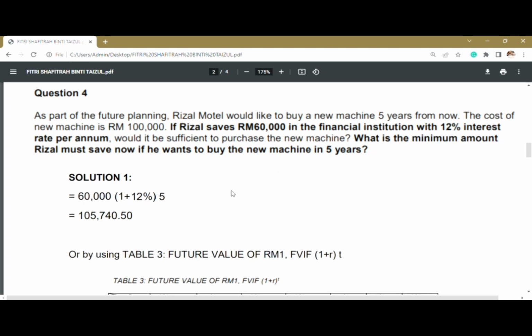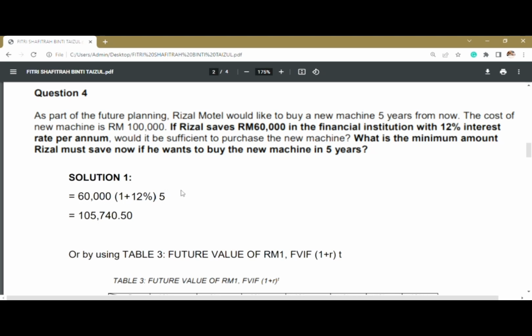So here we can see the question gives us 12% interest rate within 5 years. To calculate this question by using the formula, the 60,000 amount of saving is multiplied by 1 plus 12%, and power of 5. Why? Because 5 is for the 5 years.